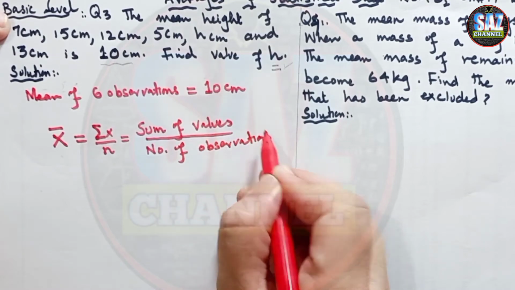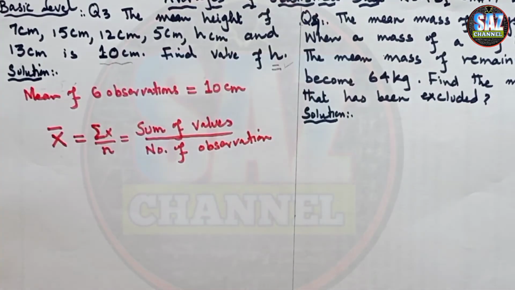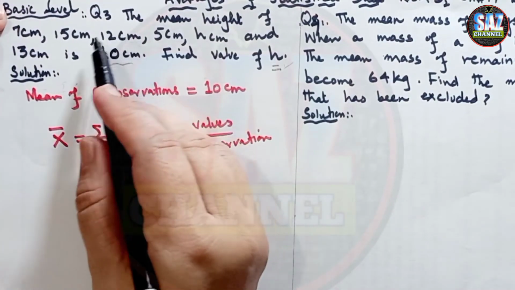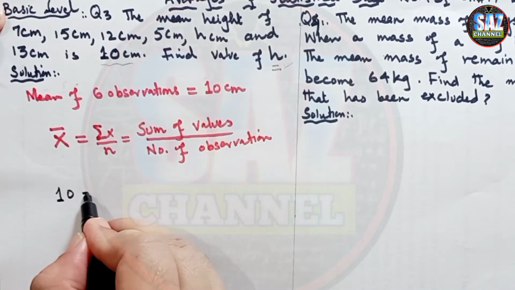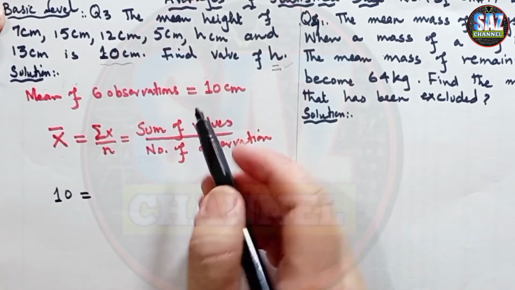So what we have to do is that instead of mean, what is the mean given? Read the question, that is 10. Instead of mean, replace 10 and the sum of values. Now what are the values?